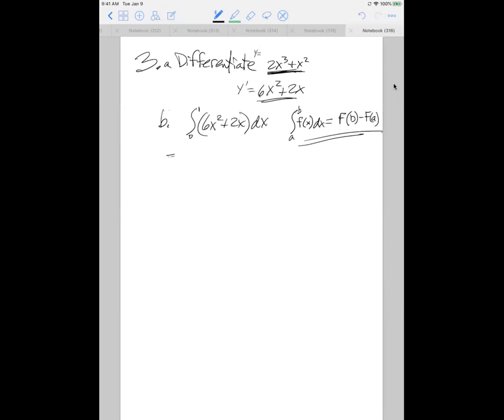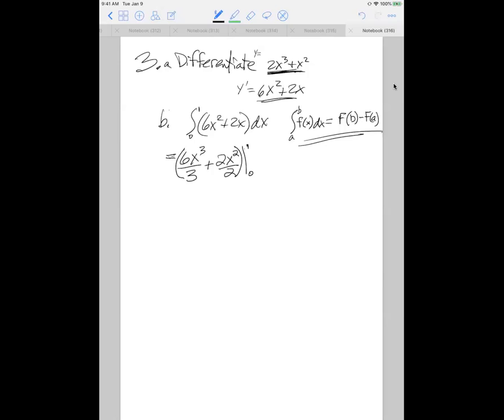But anyway, let's do this now. I've got the 6 out front. I raise the power by 1 and divide by that new power, plus 2x, raise the power by 1 and divide by that new power. And we're going to take the remainder of the integration bar, so to speak, of what A and B are.